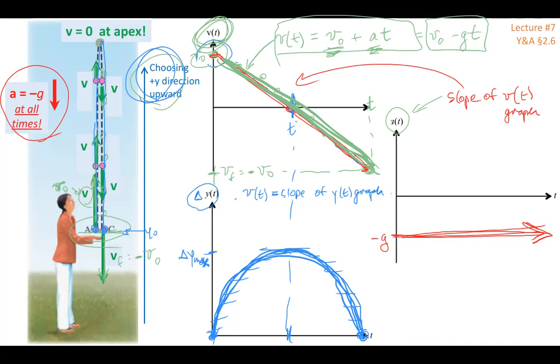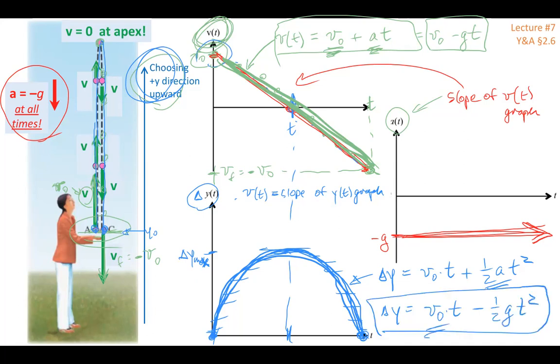And then what about for that position graph down below? Equation number 2 from kinematics tells us what that is. Delta y at any later time is v naught times t plus 1/2 at squared. In this specific case, for free fall, we know that a is equal to negative g. So therefore, this is equal to v naught t minus 1/2 gt squared, where v naught is a positive initial velocity and little g is a positive quantity.